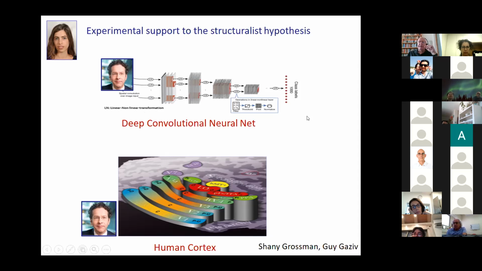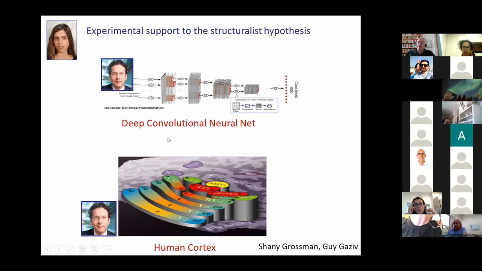And amazingly, if you train the strengths of the connections by showing and correcting them with millions of labeled visual images, this artificial network somehow on its own learns to recognize images and identities of individuals, Barack Obama, Shani Grossman, any other name you want, at a performance level that is better than human performance.